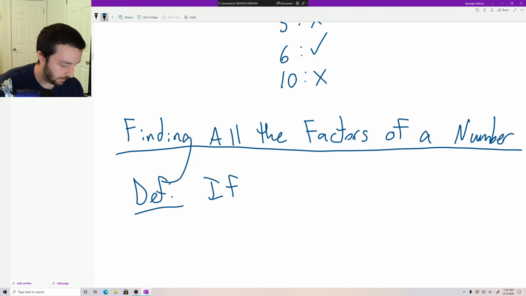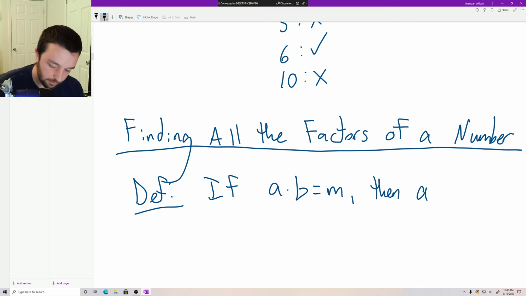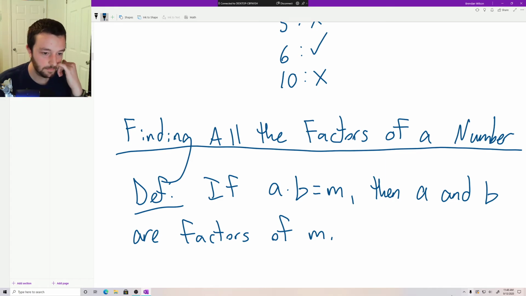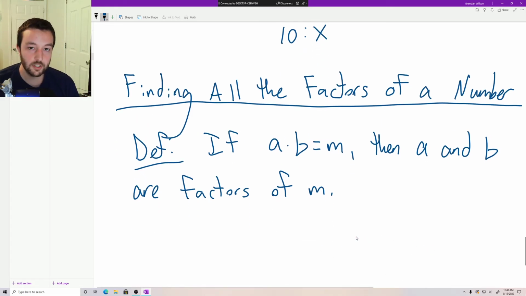If A times B equals M, then A and B are factors of M. This is kind of just like talking about multiples, but again in reverse.